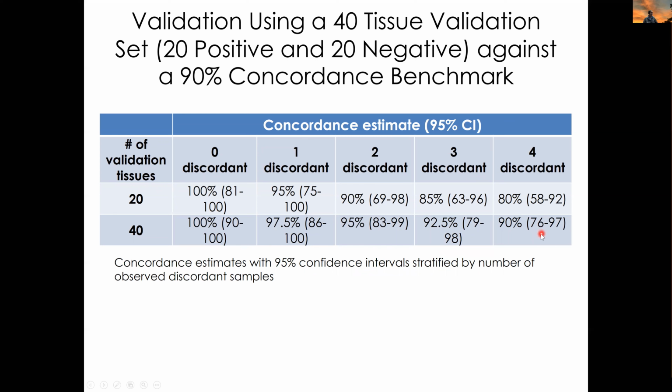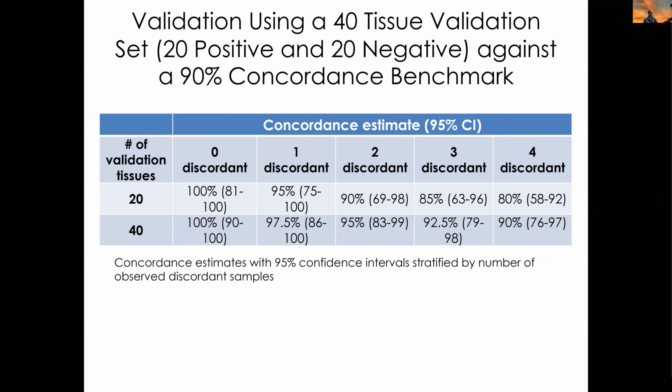Not optimal, but certainly pretty good to indicate that the likelihood that you're giving a good result, even with 4 discordant tests, is pretty high. As opposed to with 20 cases, you lose that even with 2. You're less than 70%. So that's the statistical rationale for these numbers.